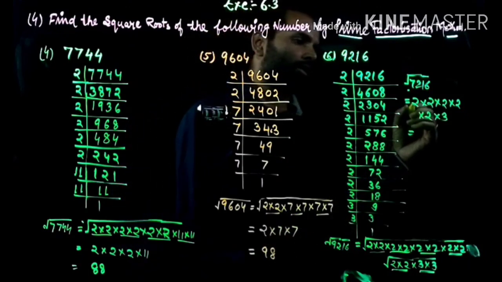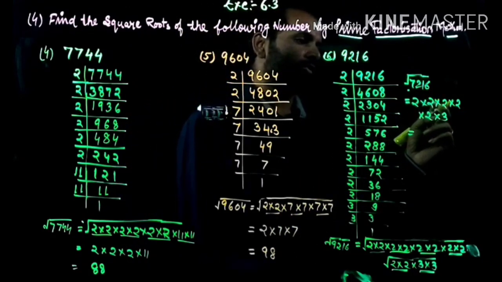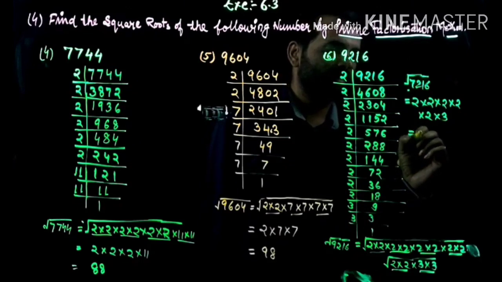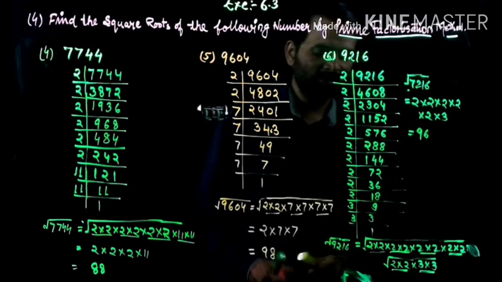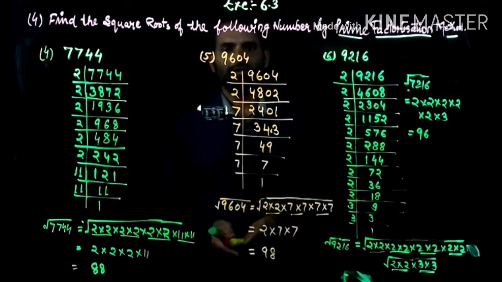Okay, and multiply: 2 2s are 4, 4 2s are 8, 8 2s are 16, 16 2s are 32, and 32 multiplied by 3 is 96. It means the square root of 9216 is 96.